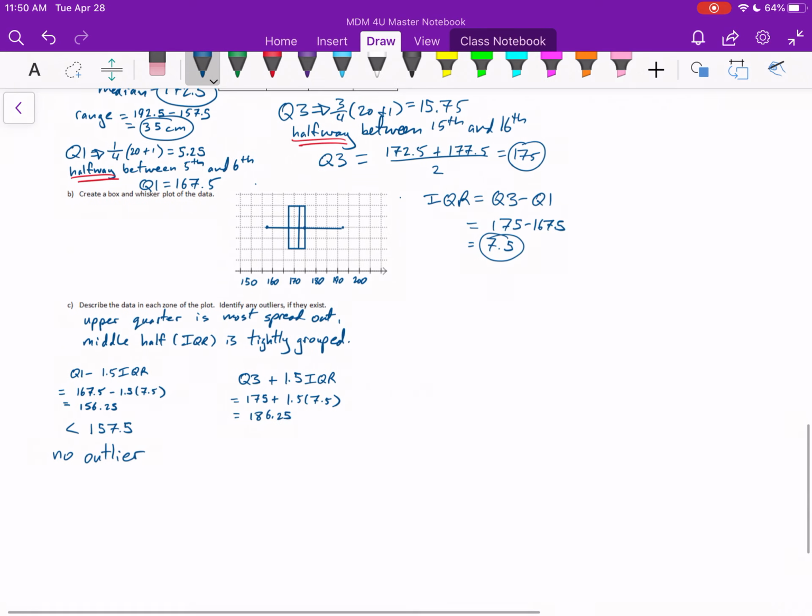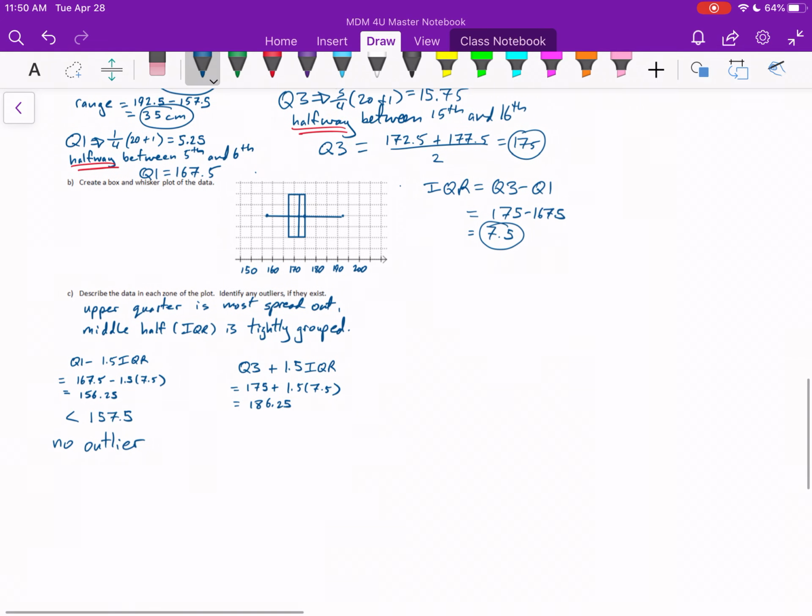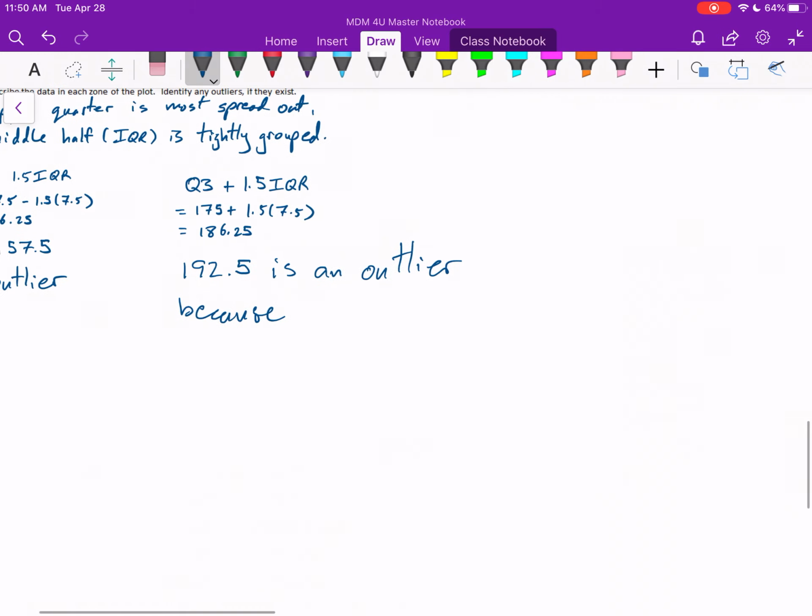So once again, we have the one boy, 192.5 is an outlier because it is greater than 186.25.